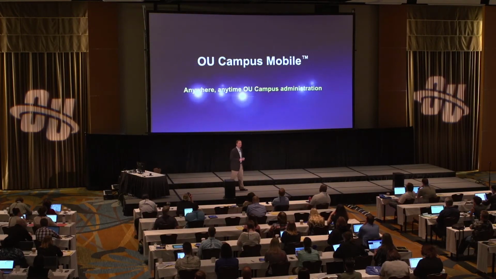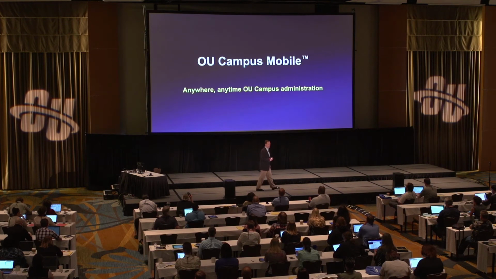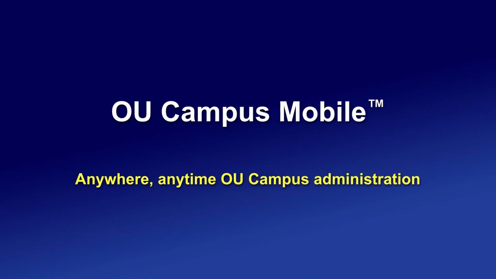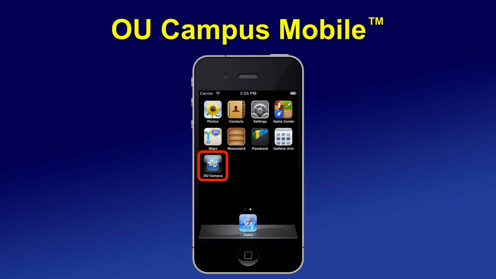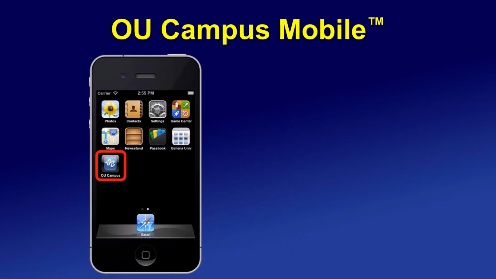Next is OU Campus Mobile. This is anywhere, anytime OU Campus administration on a mobile device. So an adaptive, responsive app that you can use wherever you are to administer OU Campus. And here's what it looks like. You can, of course, create this as an icon on your phone or your tablet.